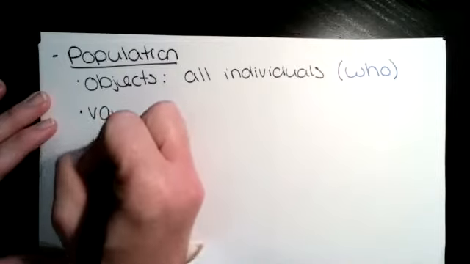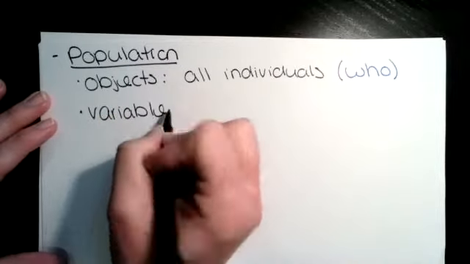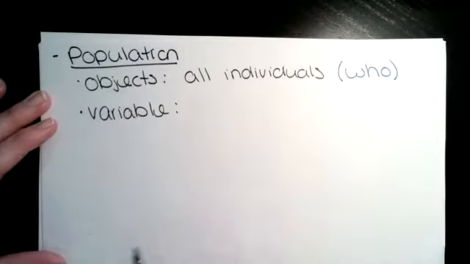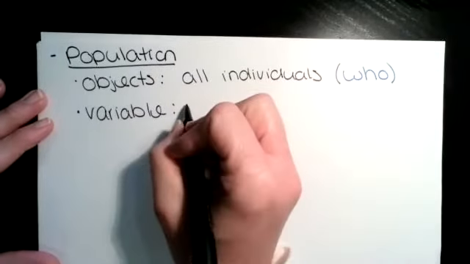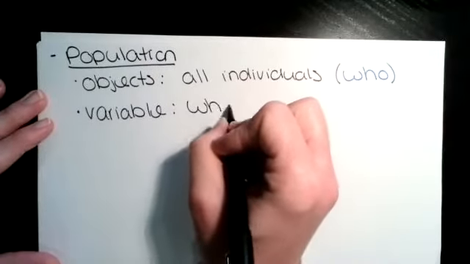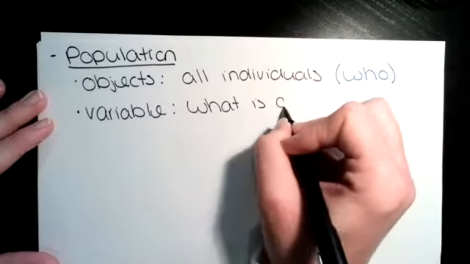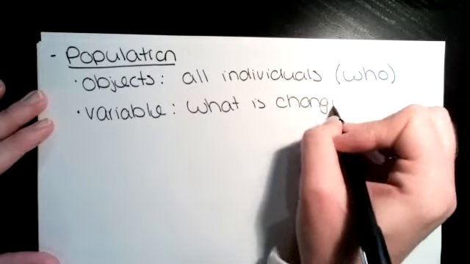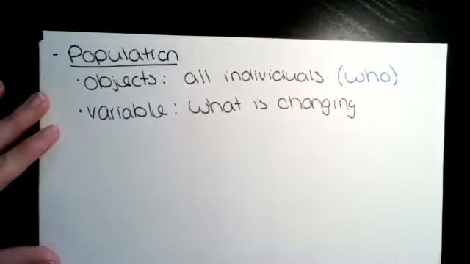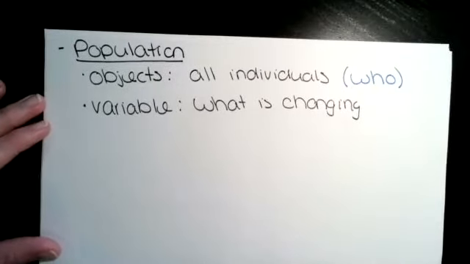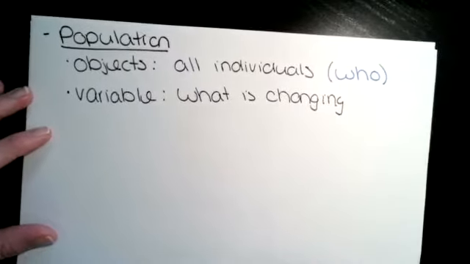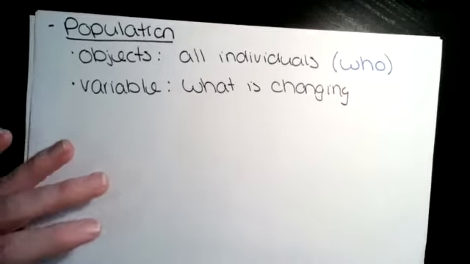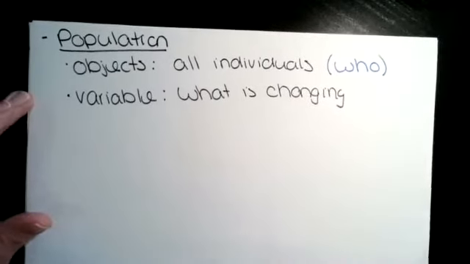The variable. So remember the variables, what changes from individual to individual. So this is like my what. So what is changing, right? So if it's numerical, it might be like the average on the test that we just took, right? That changes from person to person. If we're talking about a question like, is your favorite ice cream chocolate ice cream?